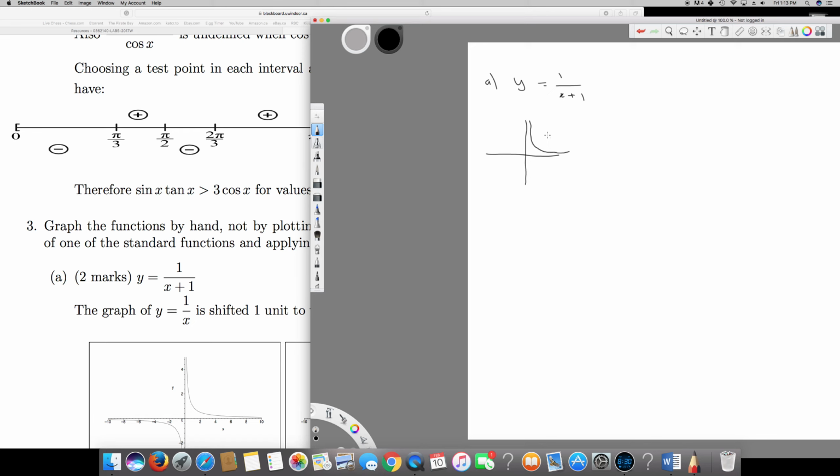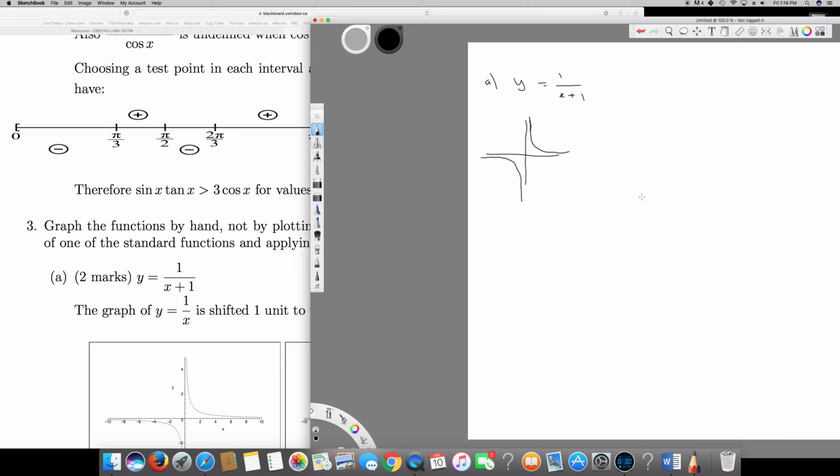It has a vertical asymptote and a horizontal asymptote. It's never going to touch 0 of the y or x. So it's going to be turning like this in the first quadrant, and the graph is going to be in the third quadrant too, the same as the first quadrant, and it's never going to touch 0.